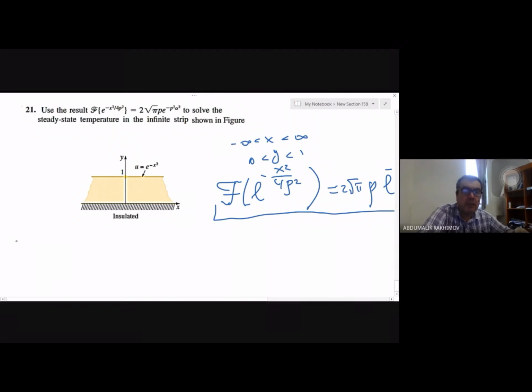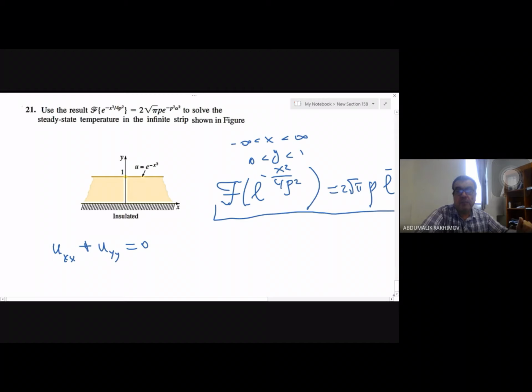What is the steady state equation? The steady state equation is u_xx plus u_yy equal to 0. This is the governing equation, right?